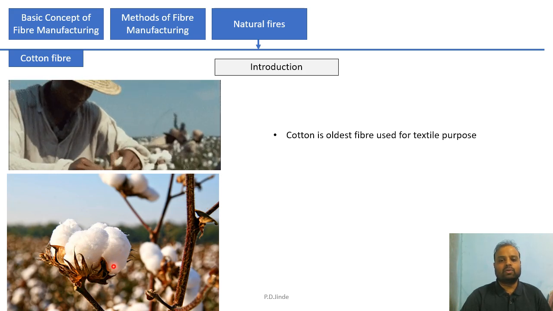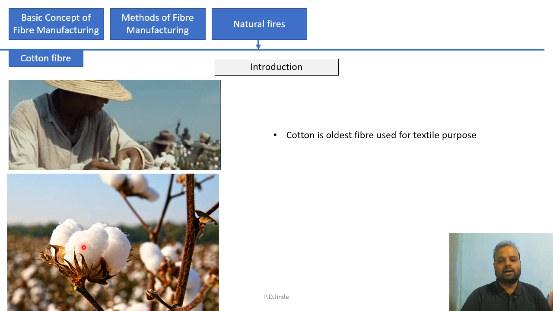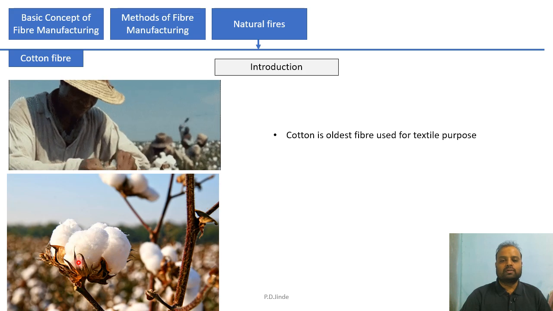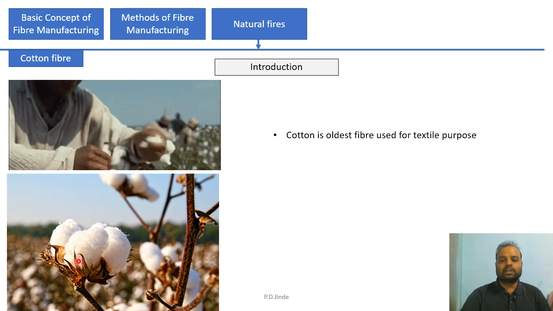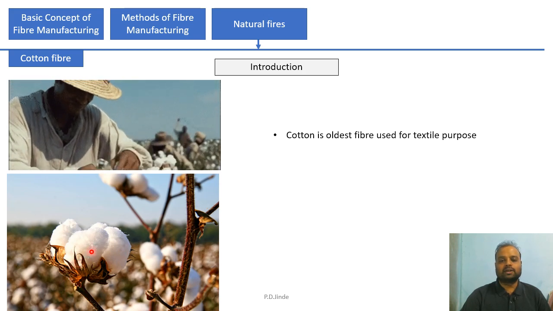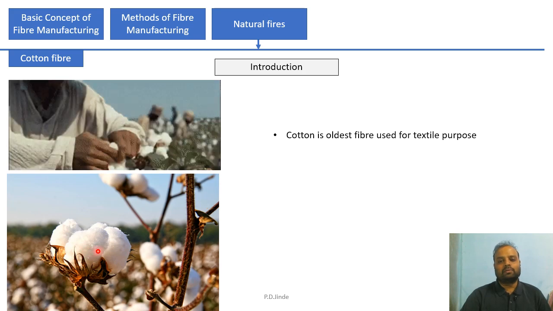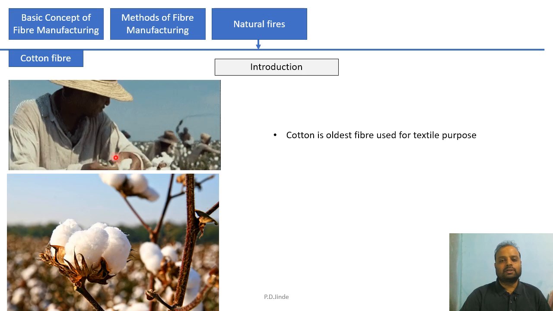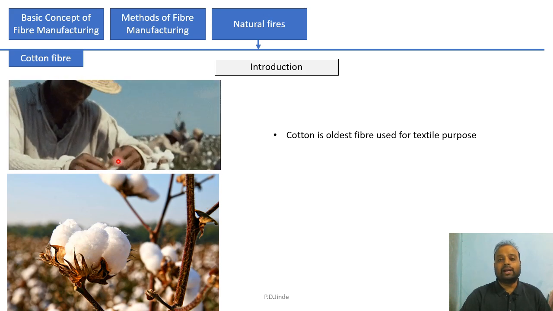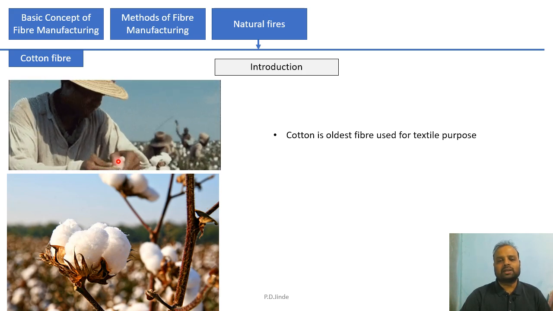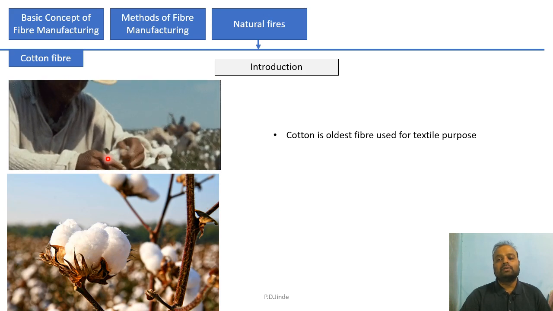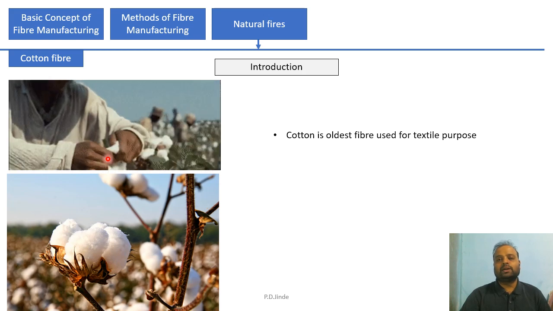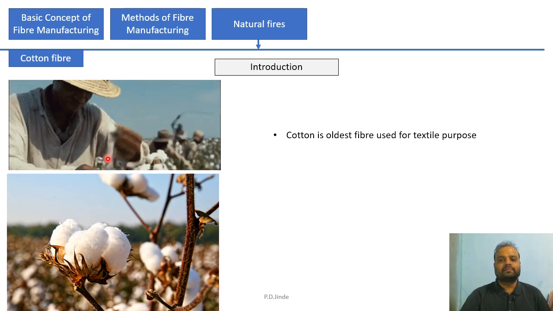Here is a cotton ball, and the fibers are placed inside that ball. When the ball bursts open, the fibers come out. Here a man is picking these fibers by hand. There are various methods for picking, manual as well as machine. A machine can be employed to pick up these cotton balls.